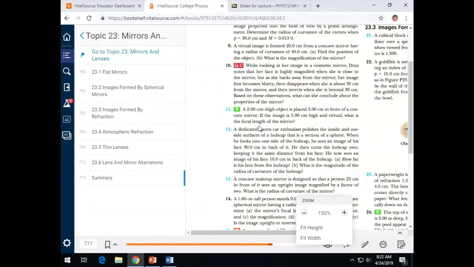So we start out with a 2 centimeter high object, placed 3 centimeters in front of the concave mirror. If the image is 5 centimeters high and virtual, what is the focal length of the mirror?